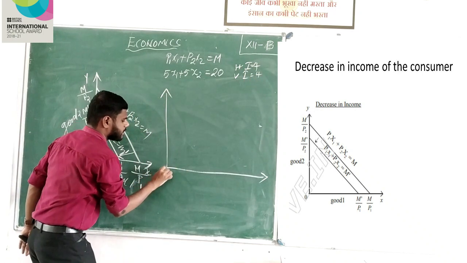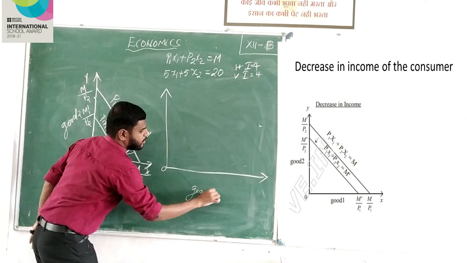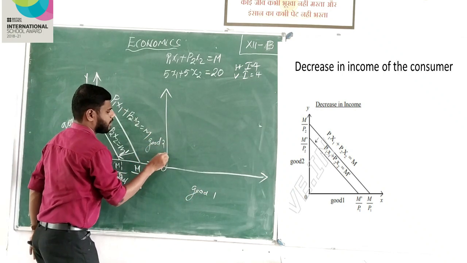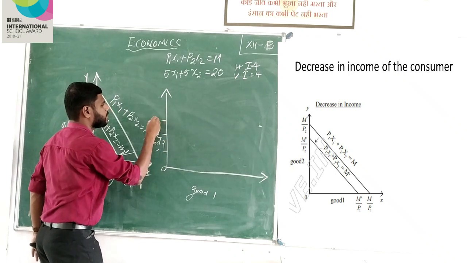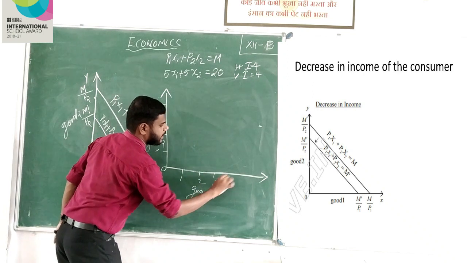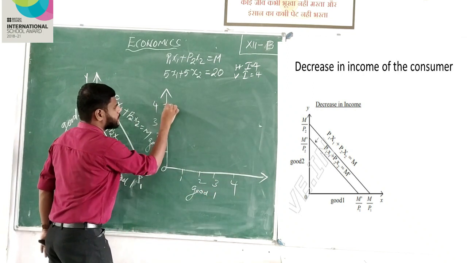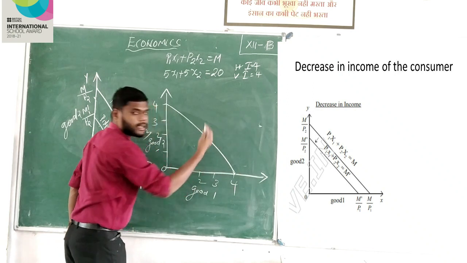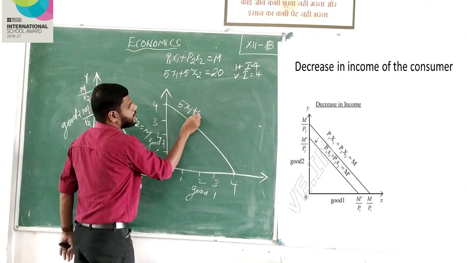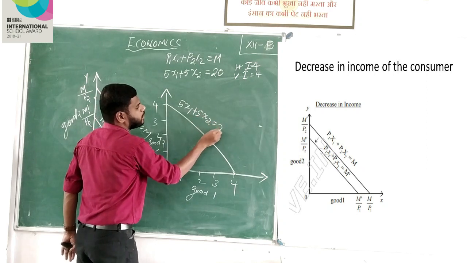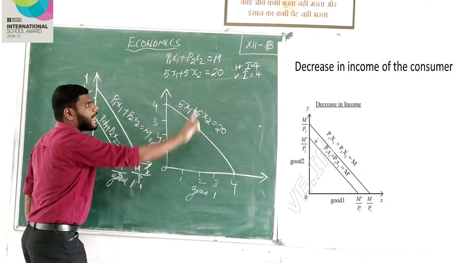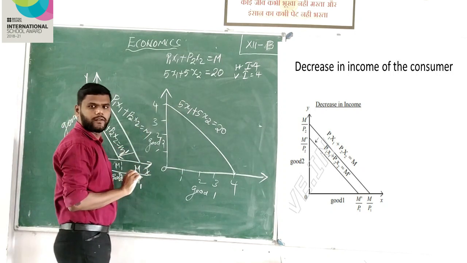So based on this, good 1, good 2, 1, 2, 3, 4. This is the budget line, 5x1 plus 5x2 is equal to 20, with the horizontal intercept of 4 and vertical intercept of 4.